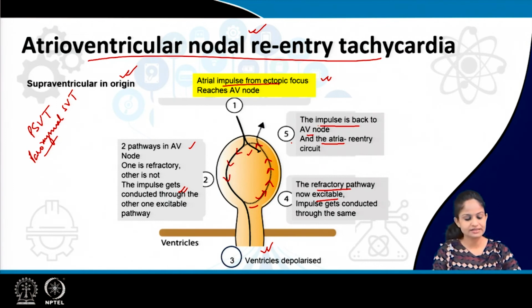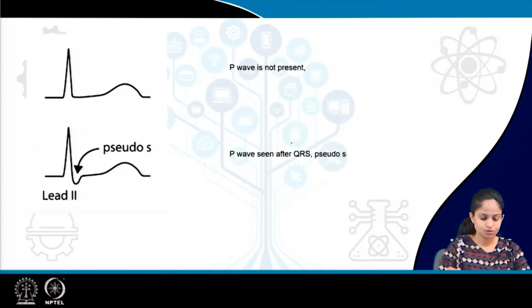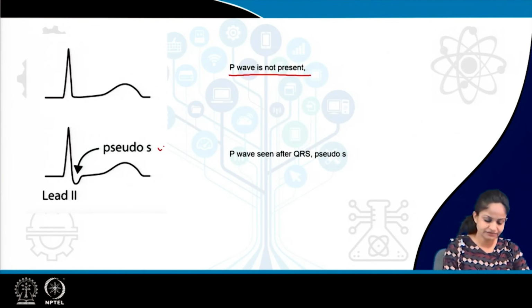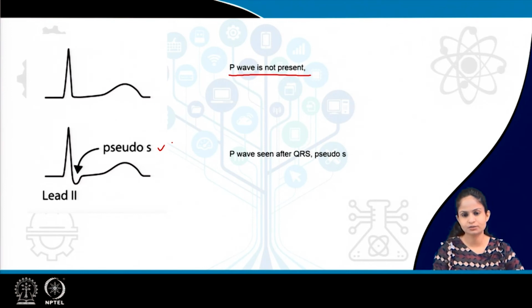That is why it is known as atrioventricular nodal re-entry tachycardia, and it is usually not accompanied by a P wave. So, this P wave is not present. Sometimes you can get an inverted P wave or a wave just after the QRS complex, but that is actually a pseudo S wave.